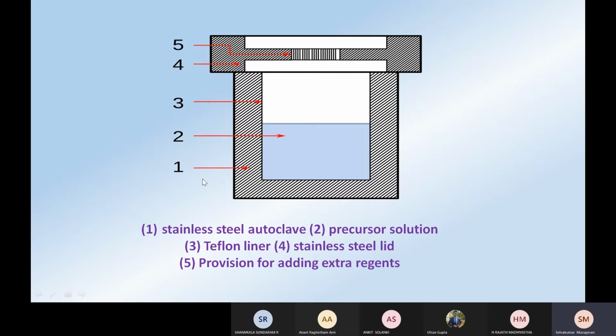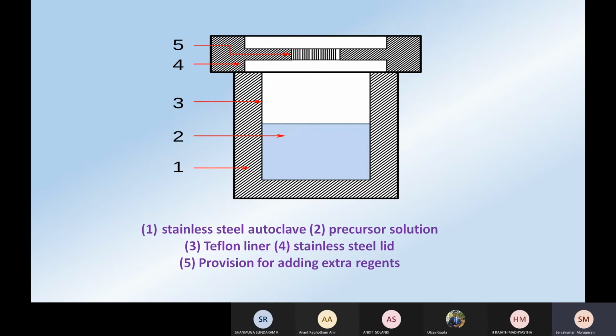We have different layers, like a Teflon liner, and then a stainless steel autoclave, and then a stainless steel lid, etc. Okay, to make sure that the energy is not getting wasted. That means heat energy, whatever pressure as well as temperature they are supplying, is not going to come out at all.